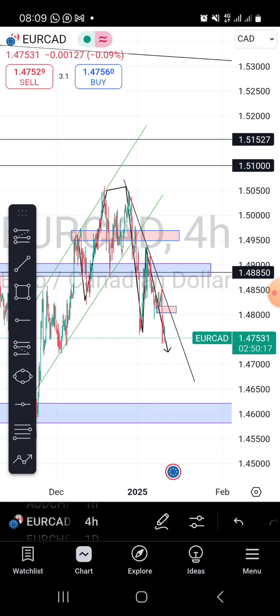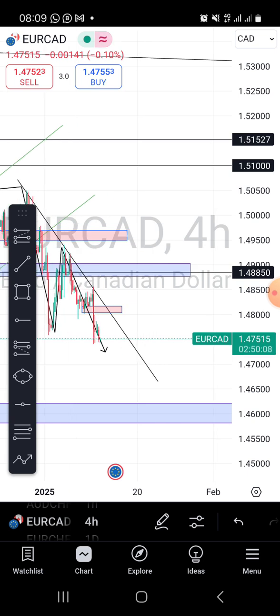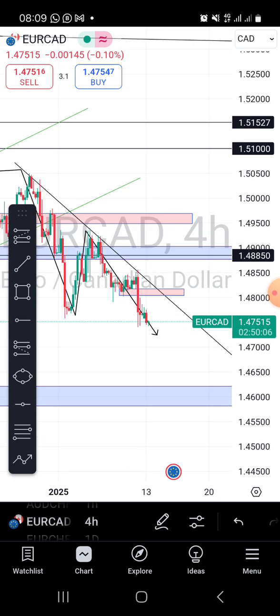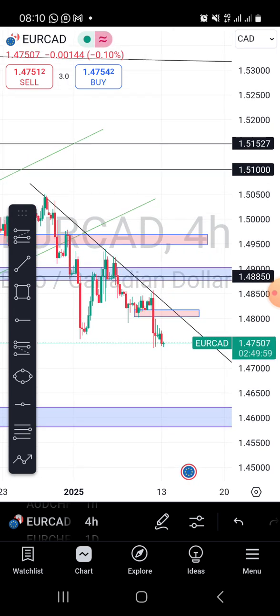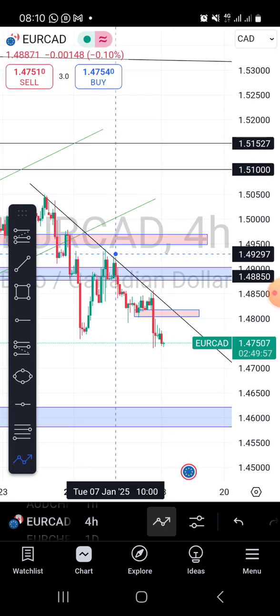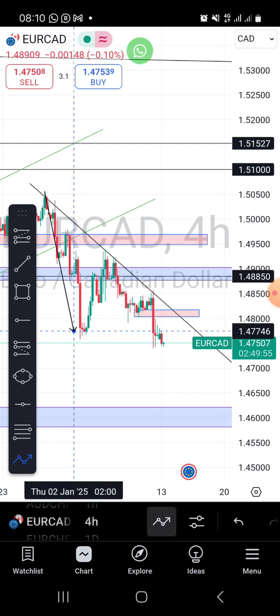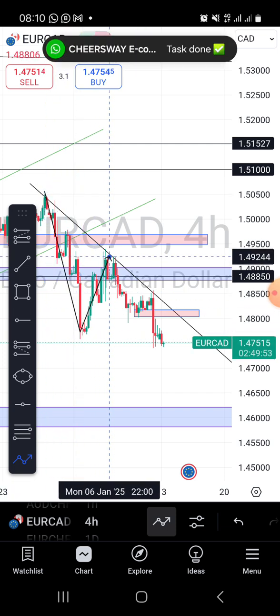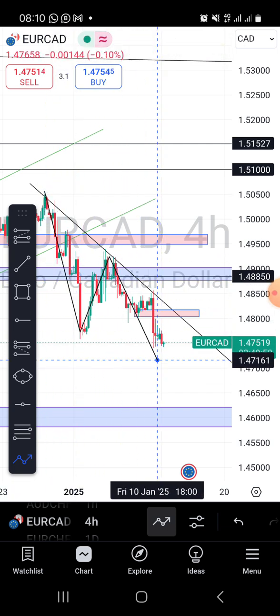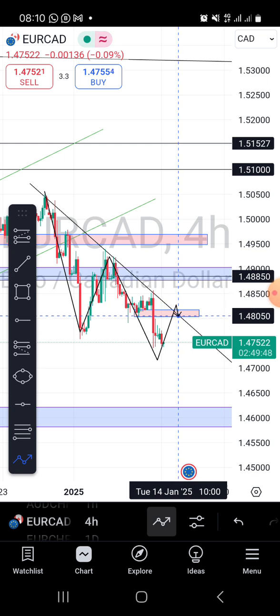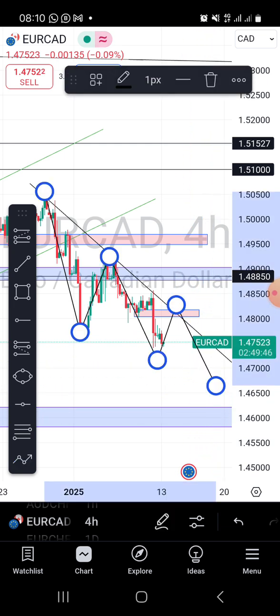So what is our interest? Our two major interests: we can expect price to follow this downtrend we have here currently, from here to here, then back here, giving us something like this.